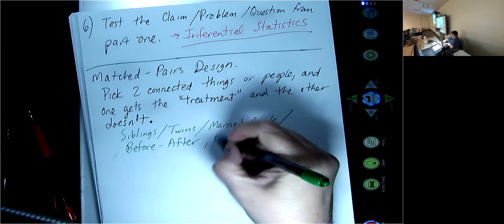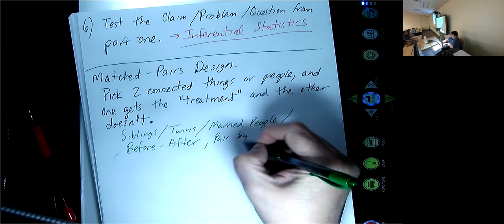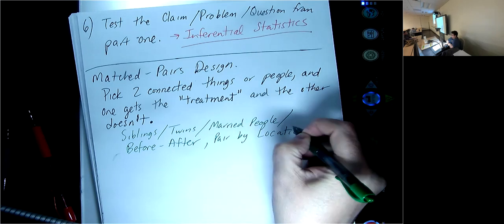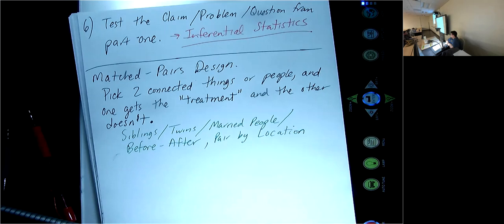And you could pair by location too. Survey in the Bronx and then in the rich, classy area. Survey in Visalia versus Tulare.